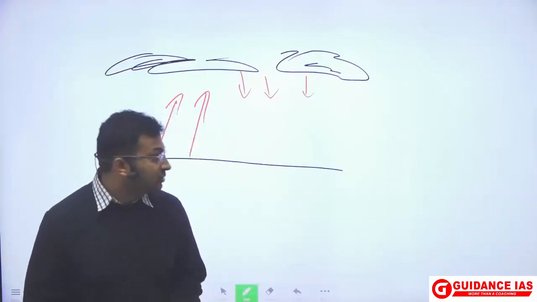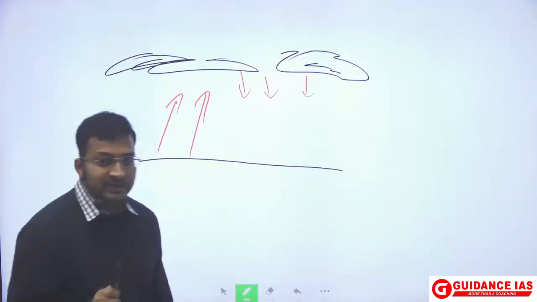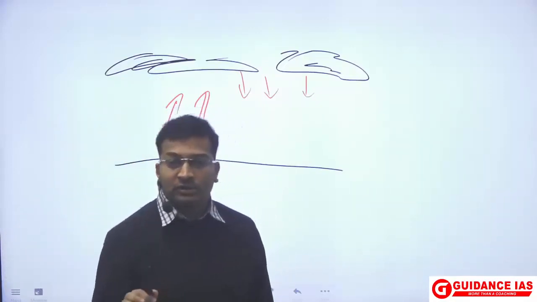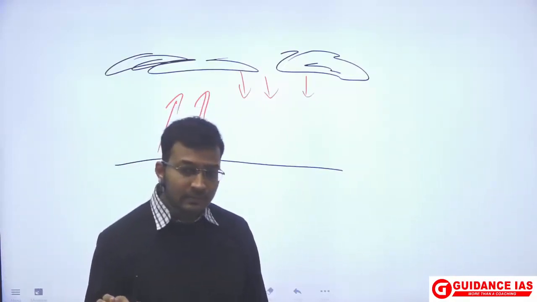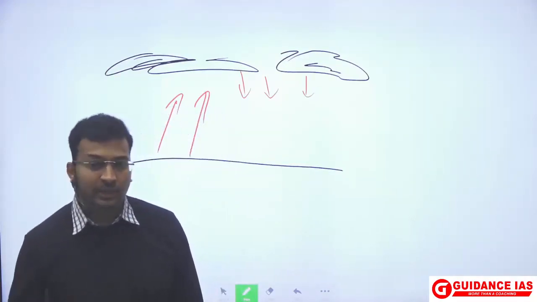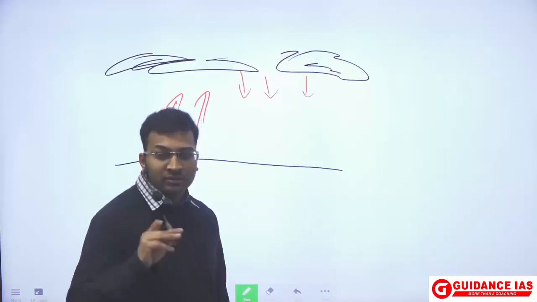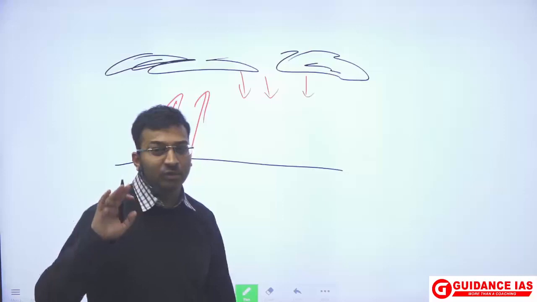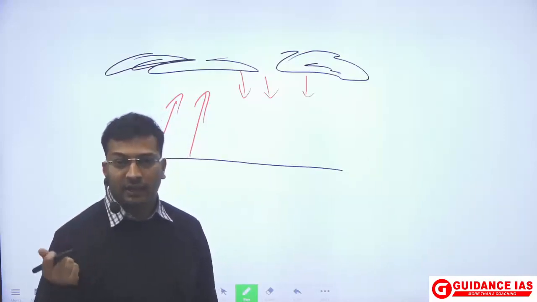So a cloudless sky, or higher clouds, is one of the ideal conditions for occurrence of radiation temperature inversion. You'll look into the different types of clouds. The higher clouds are cirrus clouds. They are very thin clouds.